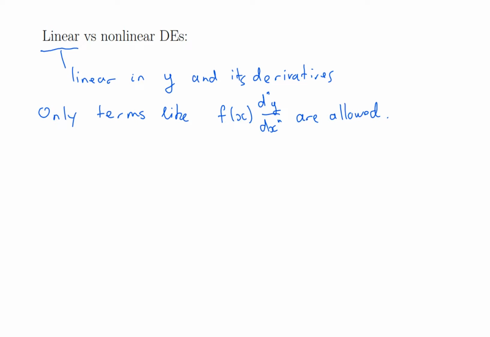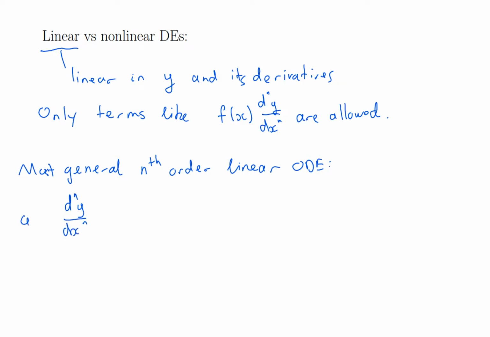So the most general nth order linear ODE, well, if it's nth order, that means its highest derivative term is d^n y dx^n. And that could have a coefficient function, a_n of x, which could be any old function of x whatsoever. And then I could have a_{n-1} of x, d^{n-1} y dx^{n-1}.